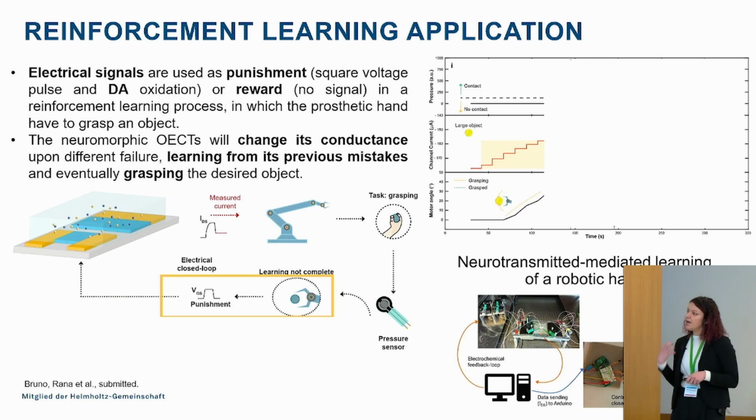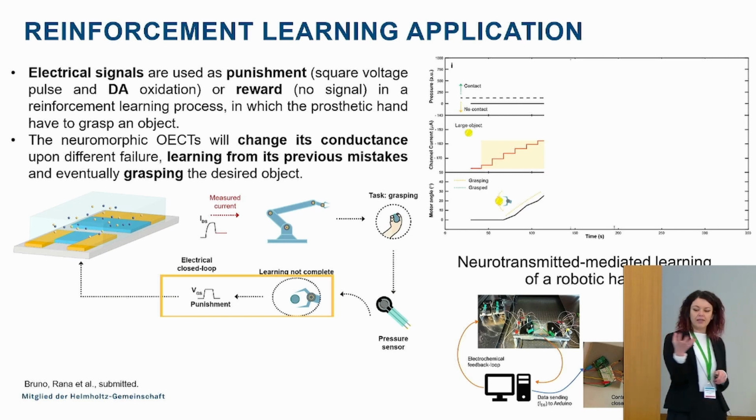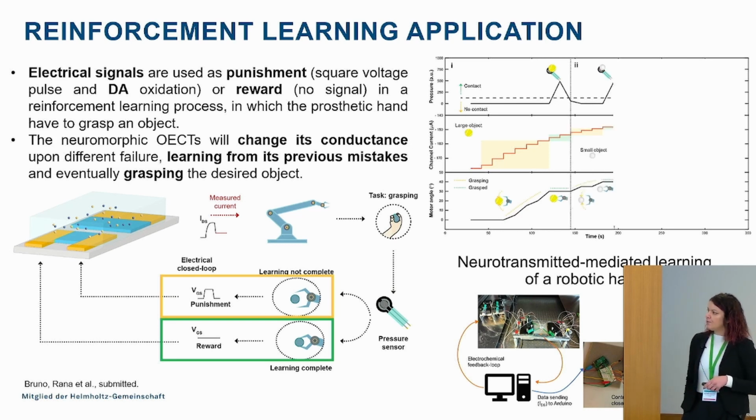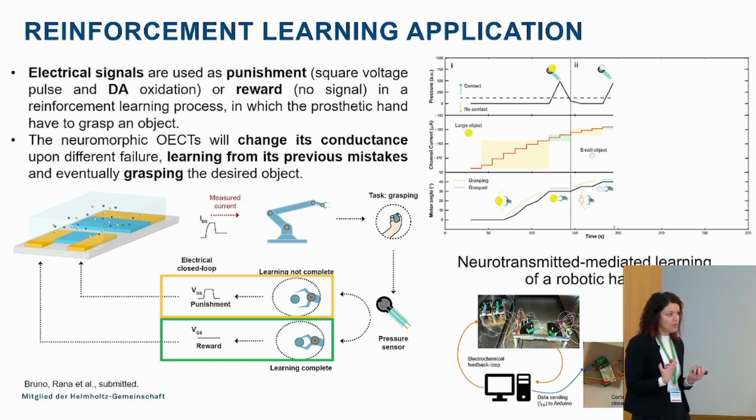We impart a punishment signal until the hand is grasping the object correctly. And then as soon as the pressure sensor would give us the effective attachment to the ball, a reward signal is applied. Then we removed the tennis ball and exposed the hand to a ping pong ball, and we did a similar thing.